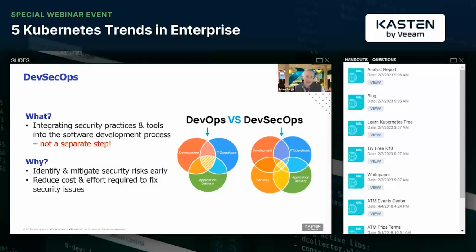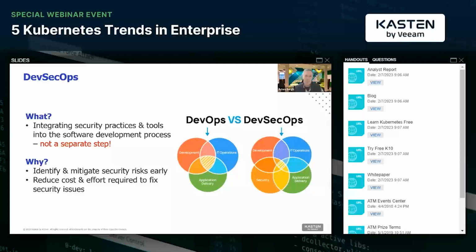We're integrating security practices and tools right into the software development process and not making this a separate team, a separate post process, something that we think of as an afterthought. Security is baked into the development process, and the security teams are invested in the security of applications pre-deployment, all the way through the life cycle of the application, right?